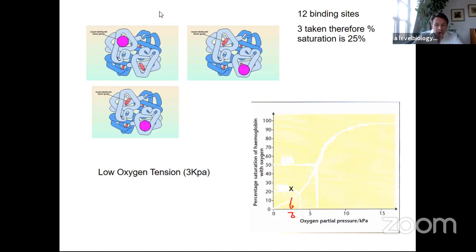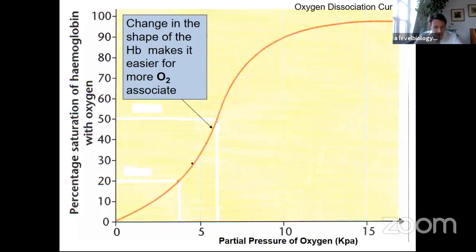So we've got 3 oxygen molecules, therefore we've got 12 binding sites. If 3 of those 12 are bound to oxygen, then the saturation will be 25%. Now, as a result of those oxygens binding, the whole shape of hemoglobin changes, which makes it easier for the next oxygens to bind.